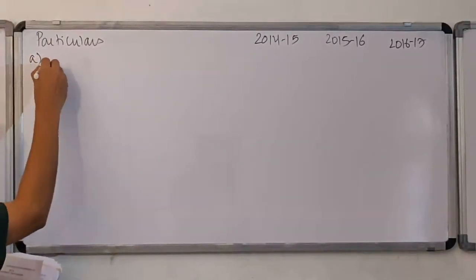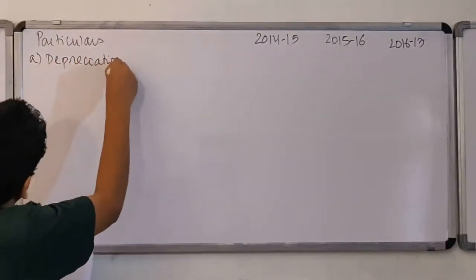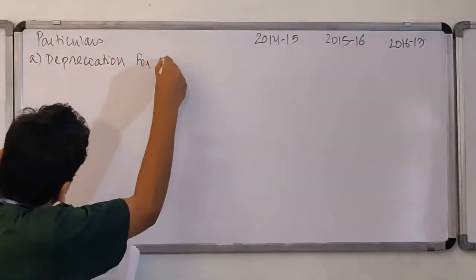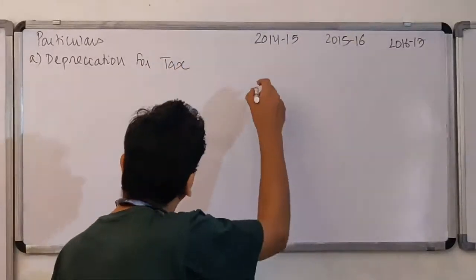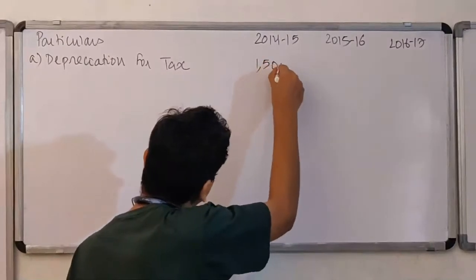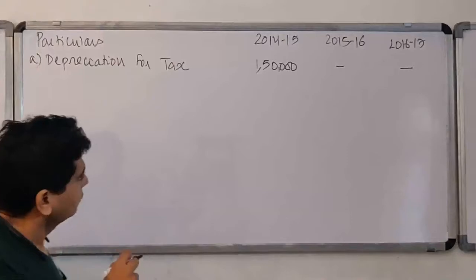The first thing that we will do is we will say depreciation for tax. In the first year itself, I will claim the entire cost.